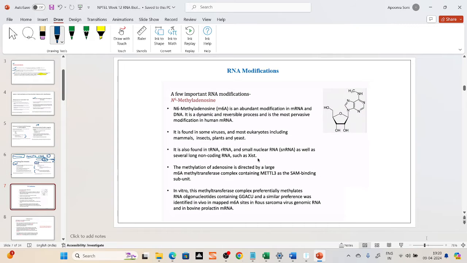Fine. So now we'll talk about the different RNA modifications that lead to the formation of the epitranscriptome in the cell. One such important RNA modification is N6-methyladenosine. Okay, this is the important modification that happens on RNA.